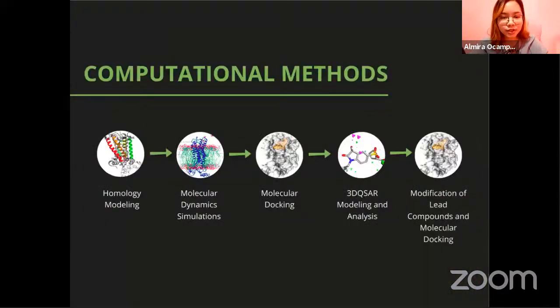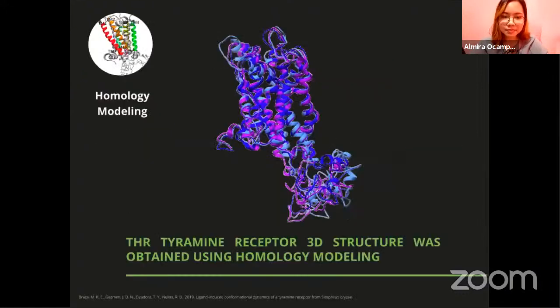In order to do this, the following computational methods were used. First is homology modeling, molecular dynamic simulations, molecular docking, 3D-QSAR modeling and analysis, and modification of lead compounds and molecular docking, which Sir Ricky has already mentioned a while ago, but let us discuss them one by one. Okay, so next slide.